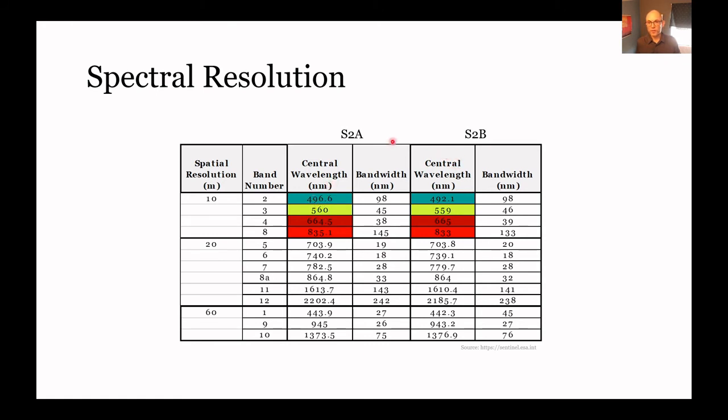And we can see that there are 2 satellites, and the other one is similar. It's not exactly the same central wavelength, but they're very similar. So these are where the central blue color is. What shade of blue are we looking at? And then we have this bandwidth, which tells us how far from that are we gathering light in.